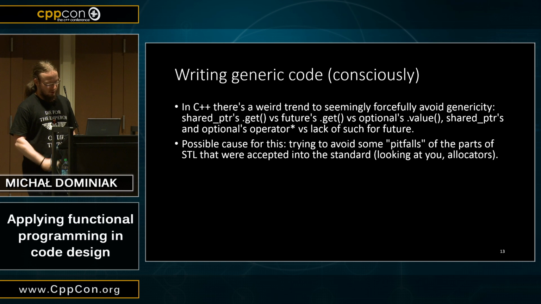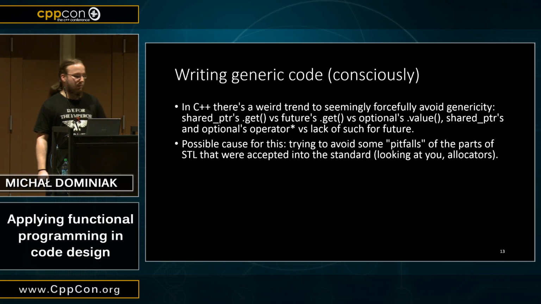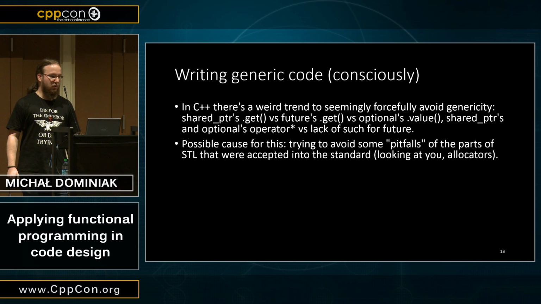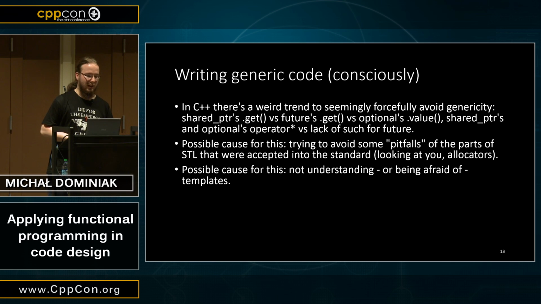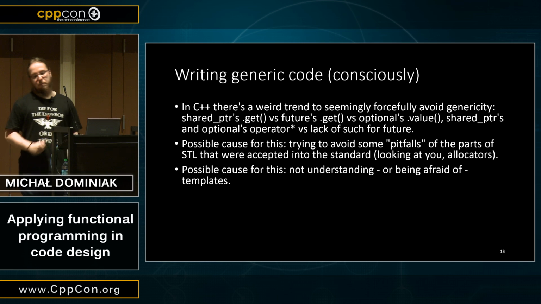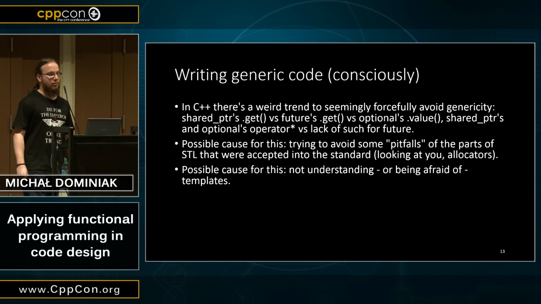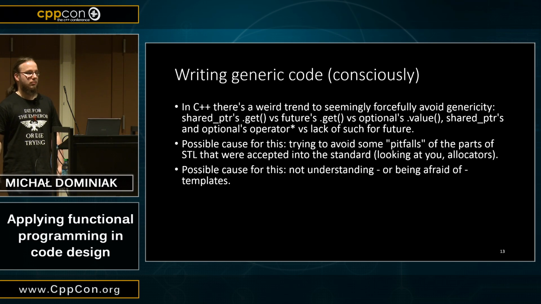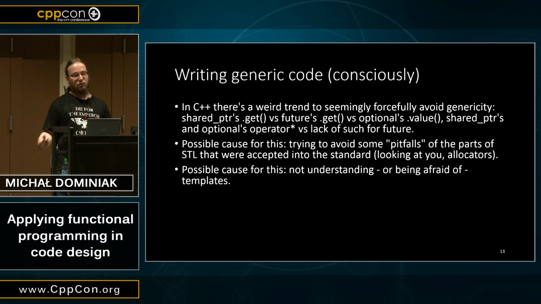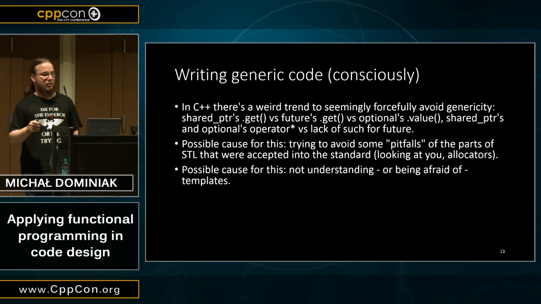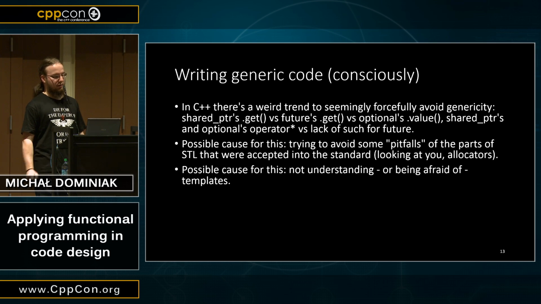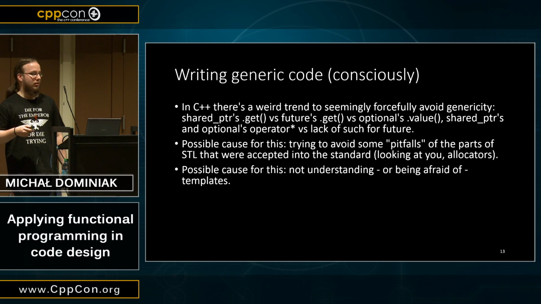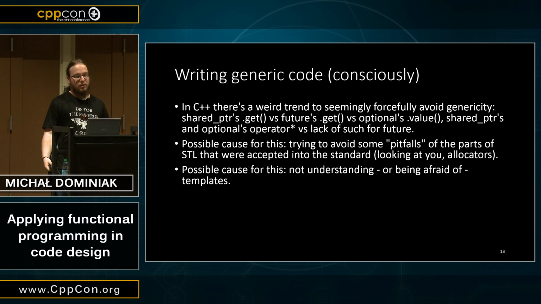I will consciously not go that way, and I will not generalize my code. That is not a really good way to write code. Maybe some people are just afraid of writing generic code, because they may not understand it. I don't know which cause is true here, or maybe it's something entirely different.